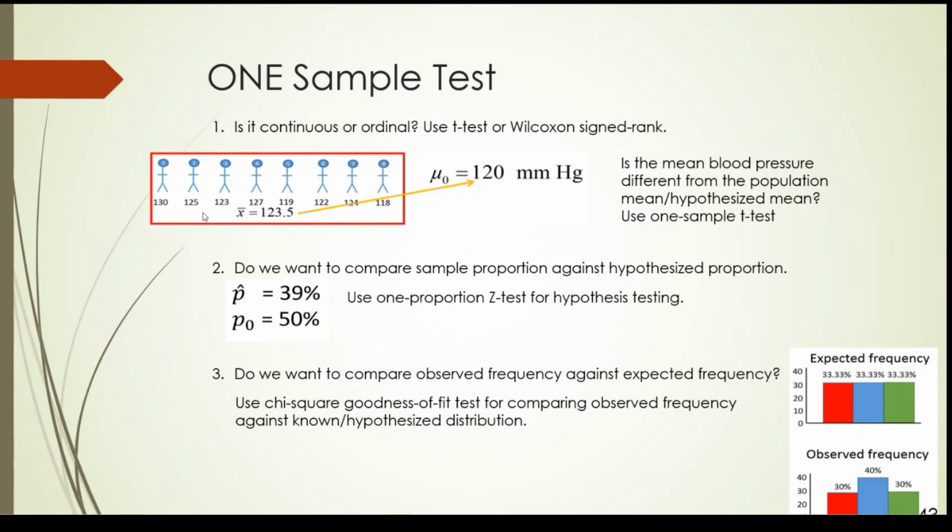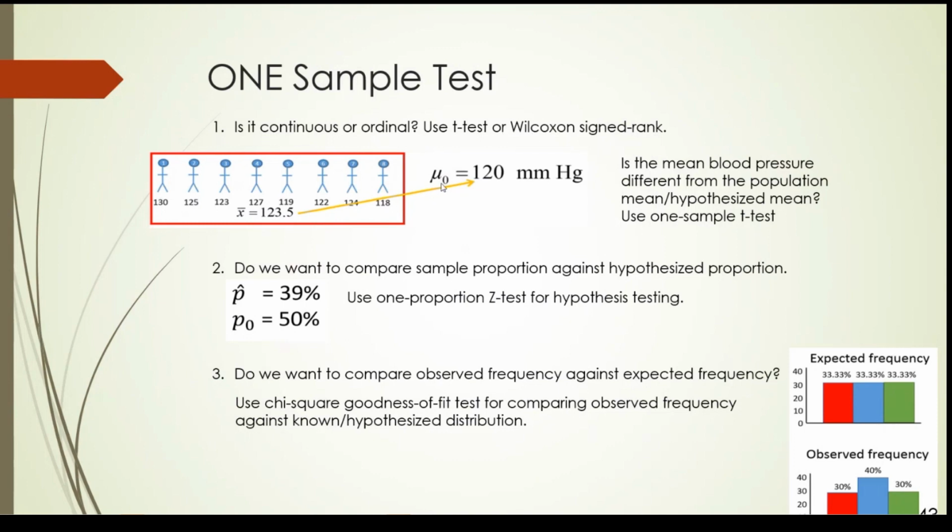Now we have blood pressure taken for 8 individuals. These are the readings, and then the mean. The mean is 123.5. We want to know whether the mean here is similar to or different from the population mean.